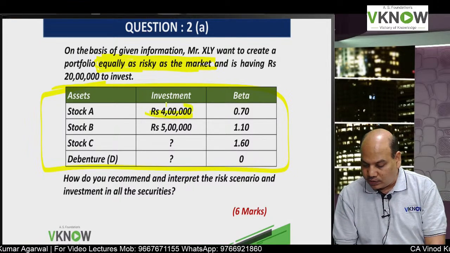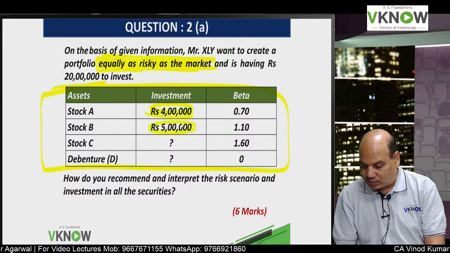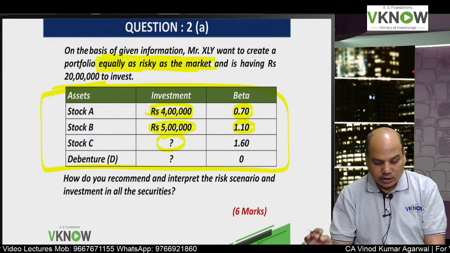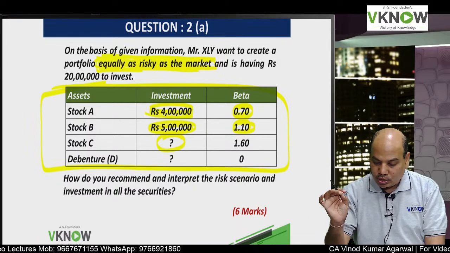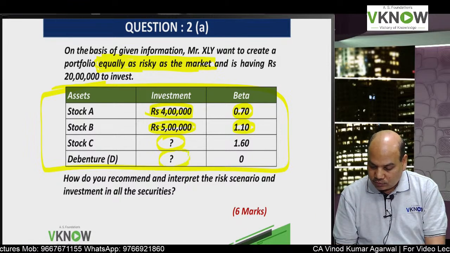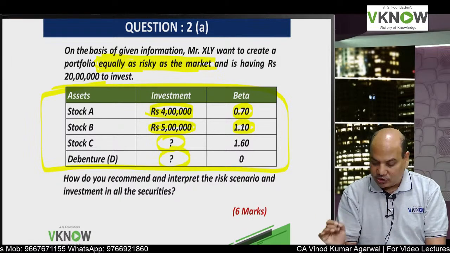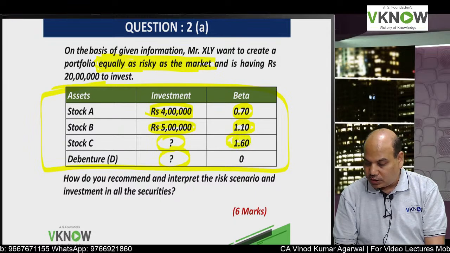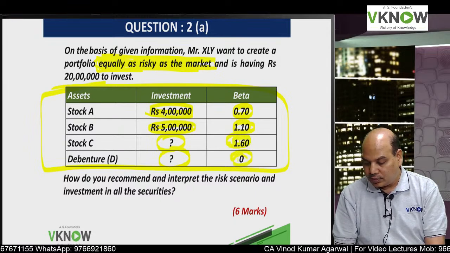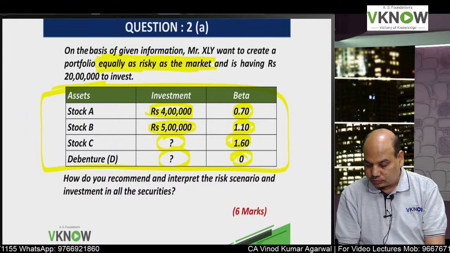Now they have given you investment in A and B, and beta of A and B. For stock C, you have to find out what is the investment to be made in stock C and what is the investment to be made in debenture D. Beta of C is 1.60, beta of debenture is 0.